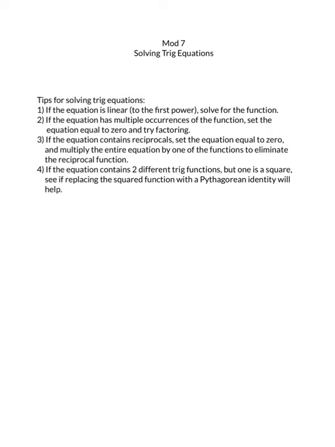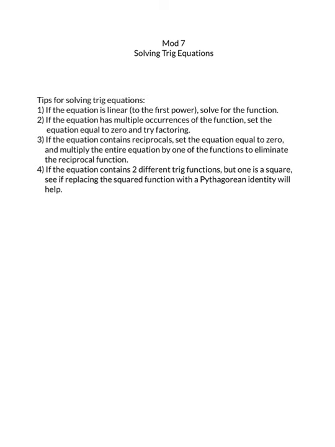The second tip, if the equation has multiple occurrences of the function, there's more than one term that has the sine in it or that has tangent in it, set the equation equal to 0 and try factoring. Third tip, if the equation contains reciprocal functions, set the equation equal to 0 and then multiply the entire equation by one of those functions to eliminate the reciprocal function.